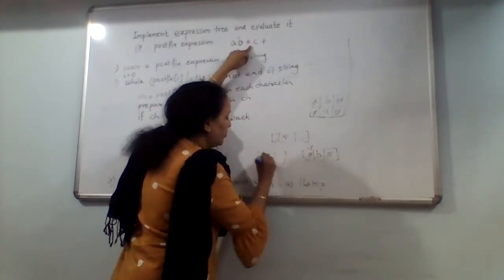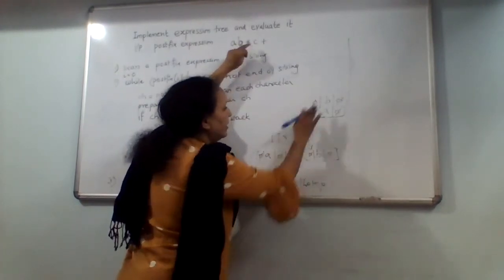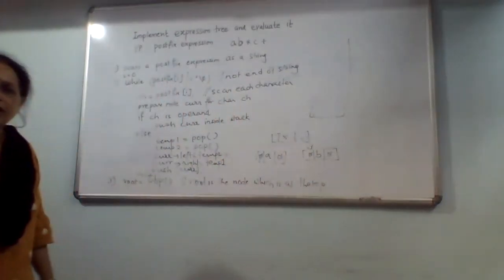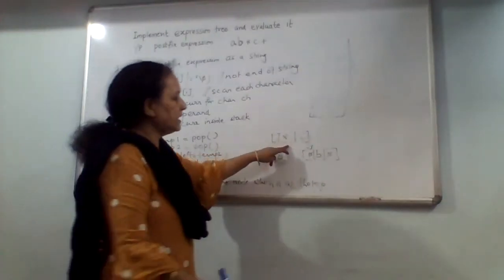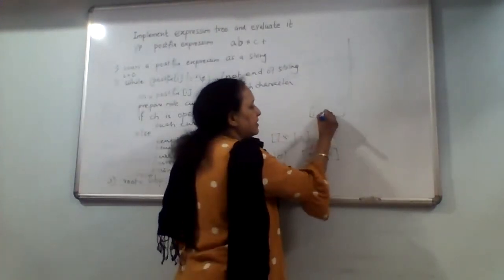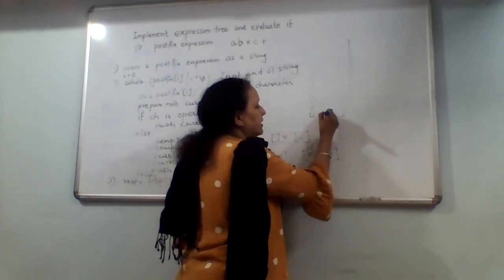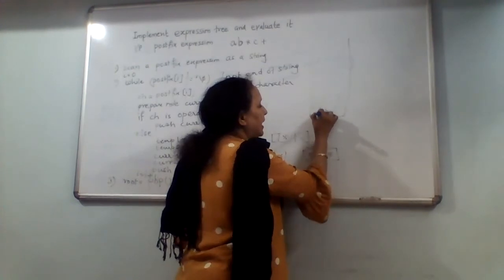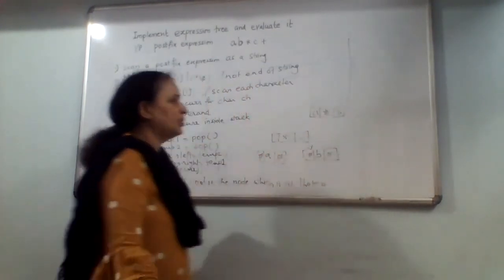So we have to pop two values and remove them from the stack. After attaching, we push the current, the star, inside the stack, with A and B attached to it.